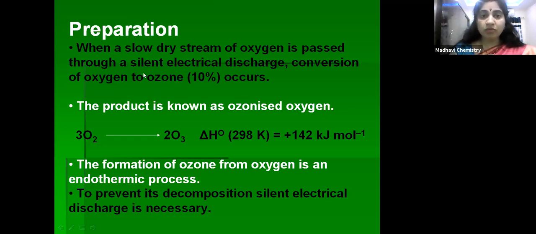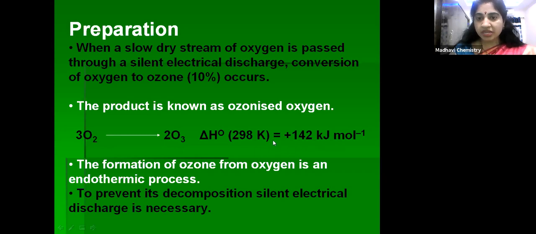Why do we need silent electric discharge? Because you can see here, children, 3O2 gives rise to 2O3, when the stream of oxygen is passed through the silent electric discharge. If you see the change in enthalpy, that is plus 142 kilojoules per mole.